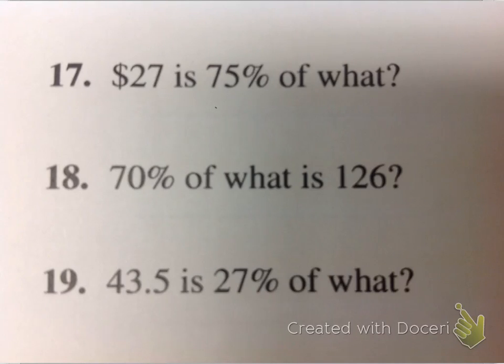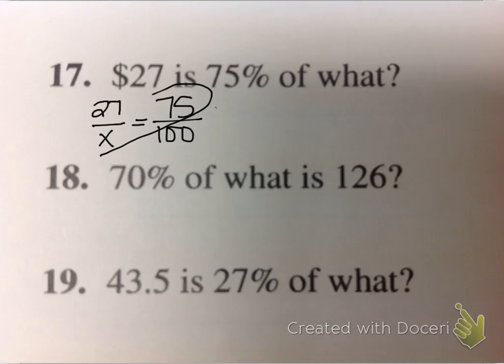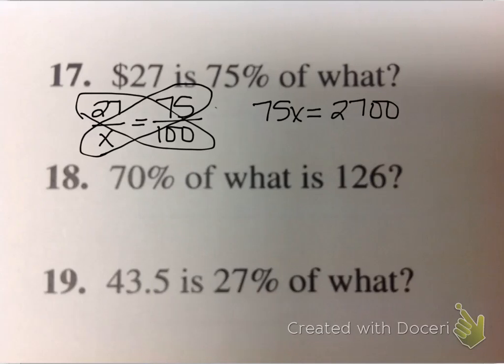Let's do a couple more. So again, fraction bar, equal sign, fraction bar, 100. I have a percent, it's 75. I have 27 is, so that goes on the top. So my unknown is now on the bottom. I haven't had one like this before. So I'm going to have 75x must equal 27 times 100, which is 2,700.